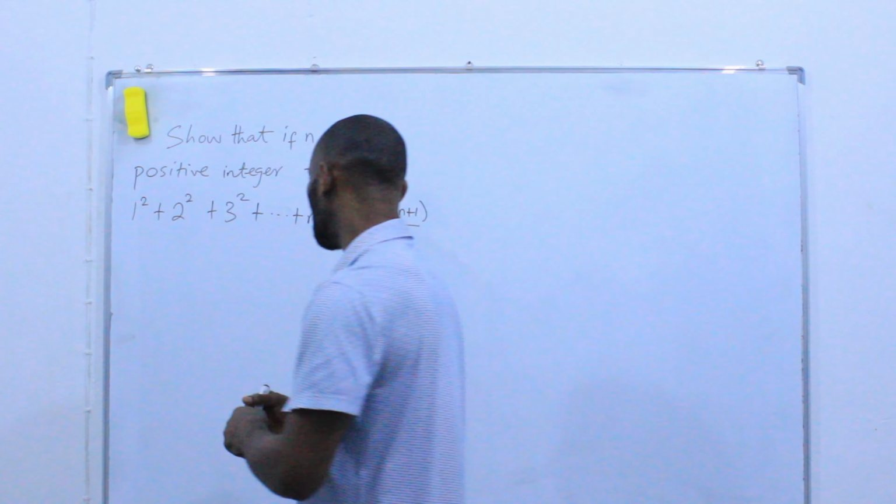So it is true for n equal to k. So it is true for n equal to 1, it is true for n equal to 2, now it is true for n equal to k. Now we go ahead to prove that it is true for n equal to k plus 1.